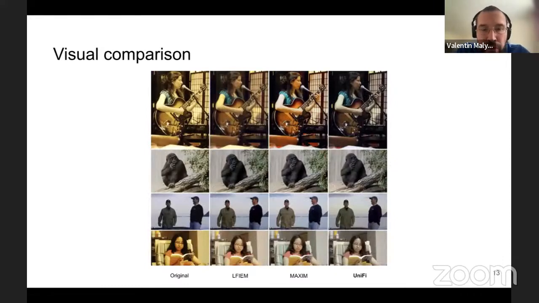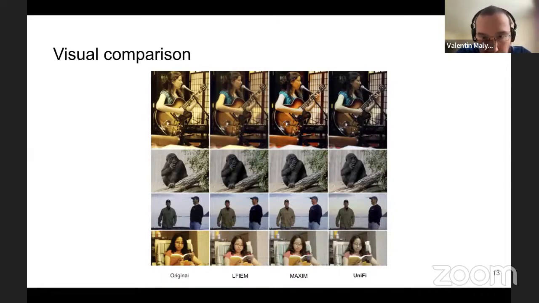Also, some visual comparison. If you look here on the screen, there are 4 images. One image is the girl with a guitar from the slide before. Then some ape, I think it's a gorilla, and 2 men on the lakeside, and a girl reading a book.